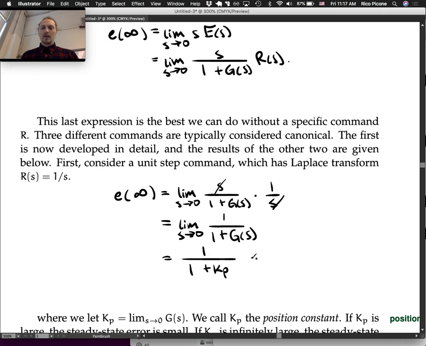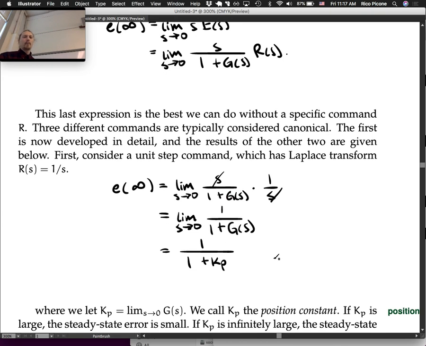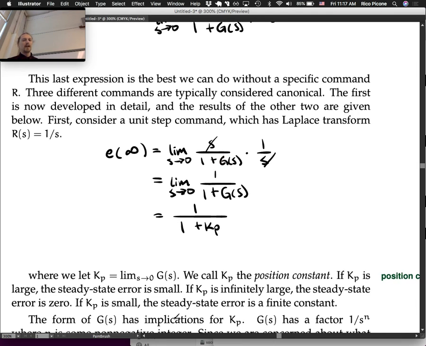So 1 over 1 plus kp. If you take this limit, you can actually distribute the limit throughout this. The limit as s goes to 0 of 1 is still 1. Same with this one. And g of s is the remaining term to take the limit of. So kp is what we define the limit as s goes to 0 of g of s. It's called the position constant, kp.